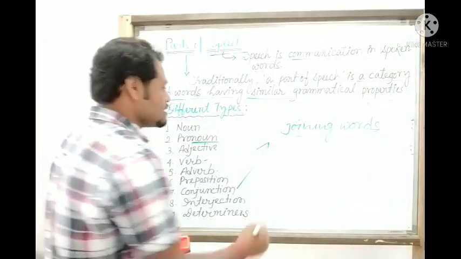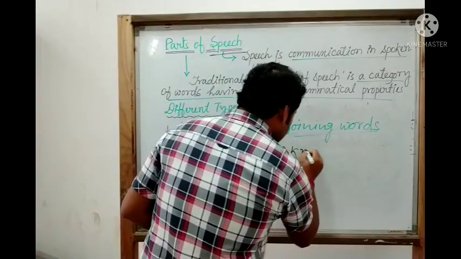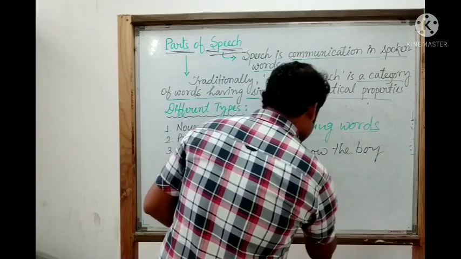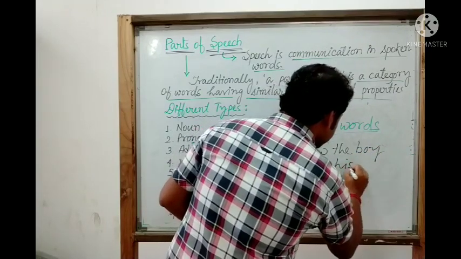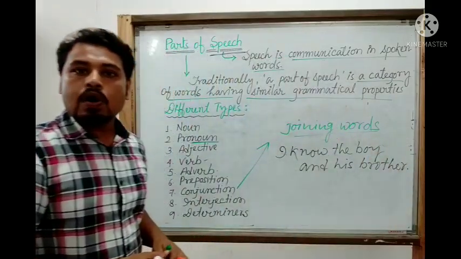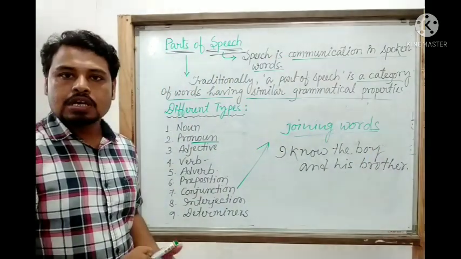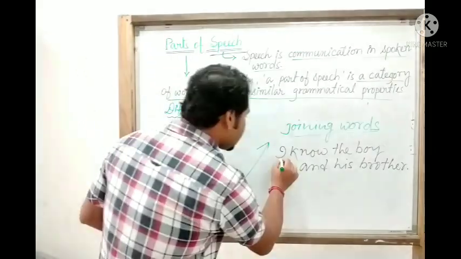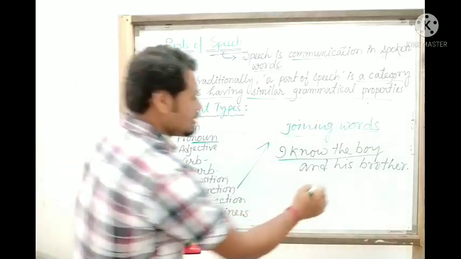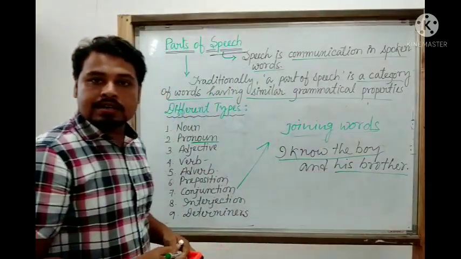If I write like this, I know the boy and his brother. So I know the boy and his brother. So altogether we have two clauses here. That means I know the boy and I know his brother.